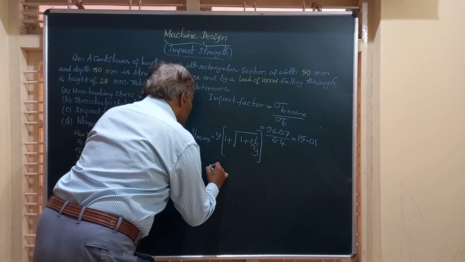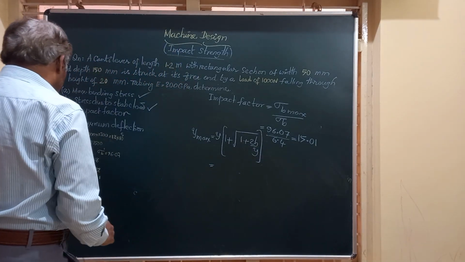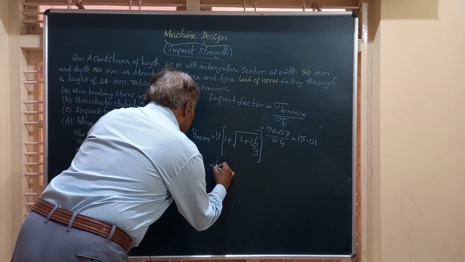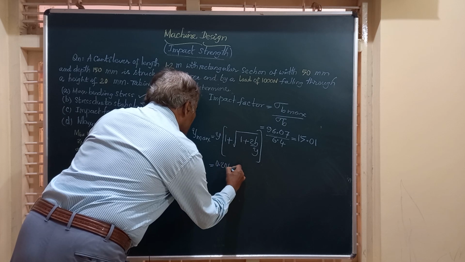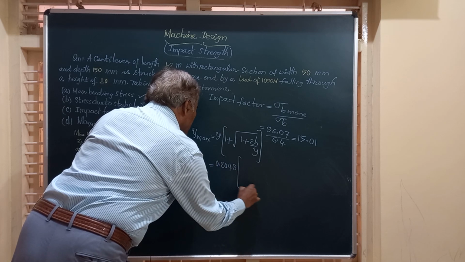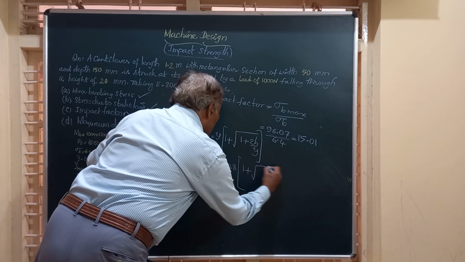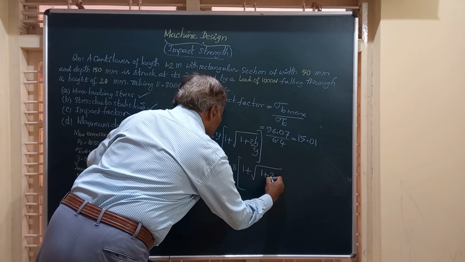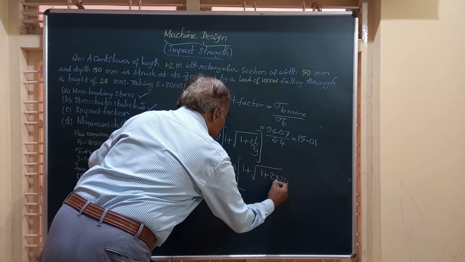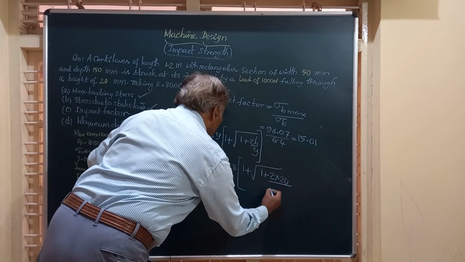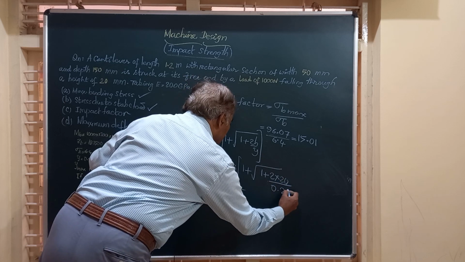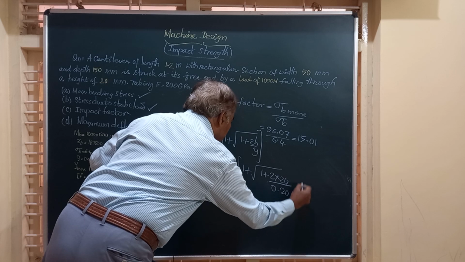So friends, y we have calculated as 0.2048 multiplied by 1 plus square root of 1 plus 2 times 20, 2 times height, divided by the value of y, 0.2048.